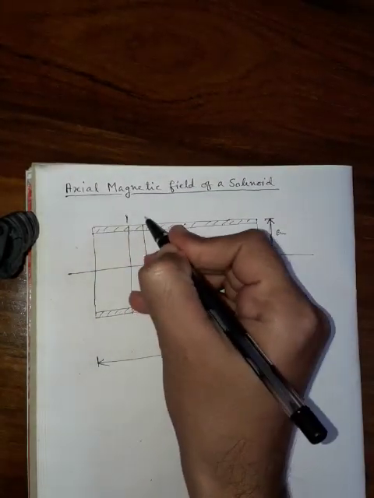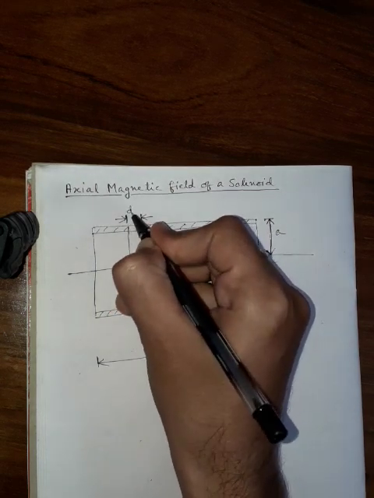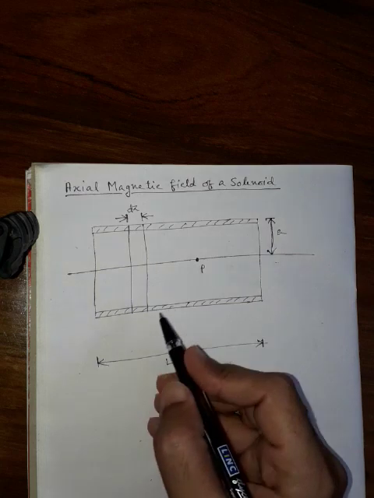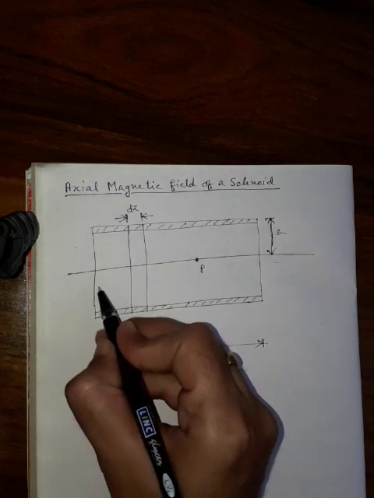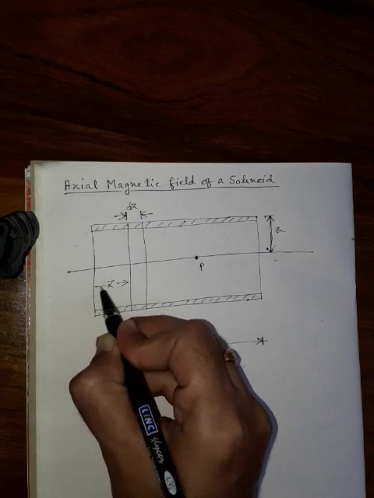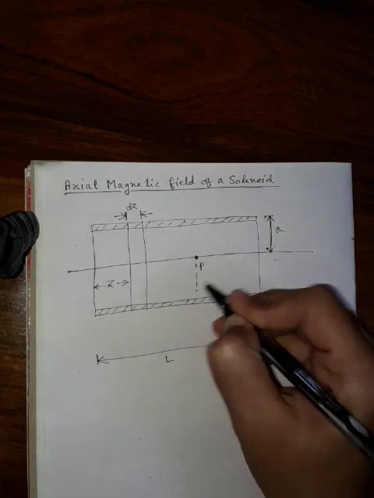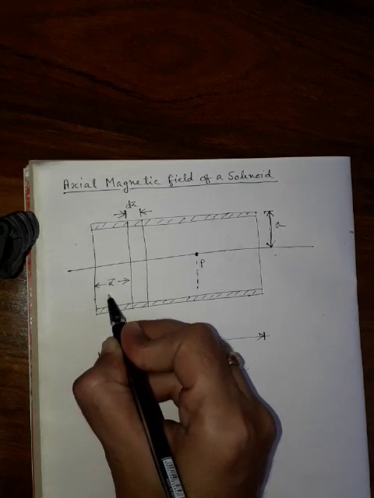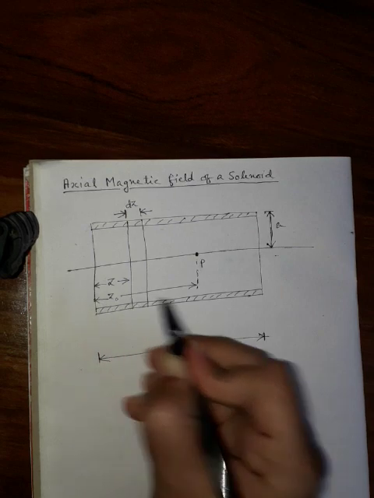The thickness of the element is dz. From this end, the distance of this element is z, and the distance of this point P from this end is z0.